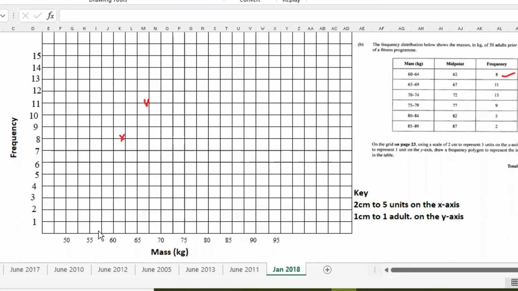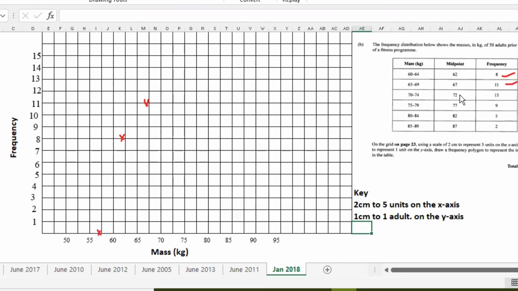Actually, for the 57, it wouldn't have been on this line, it would have been a little before it. So 57 with a frequency of 0. And this was 67 with a frequency of 11.